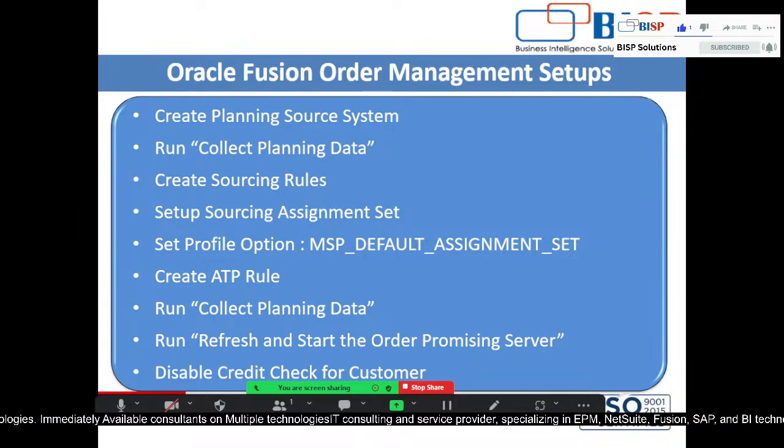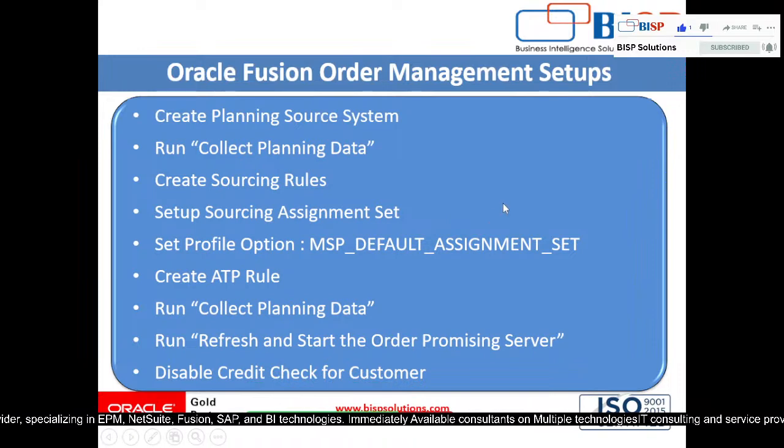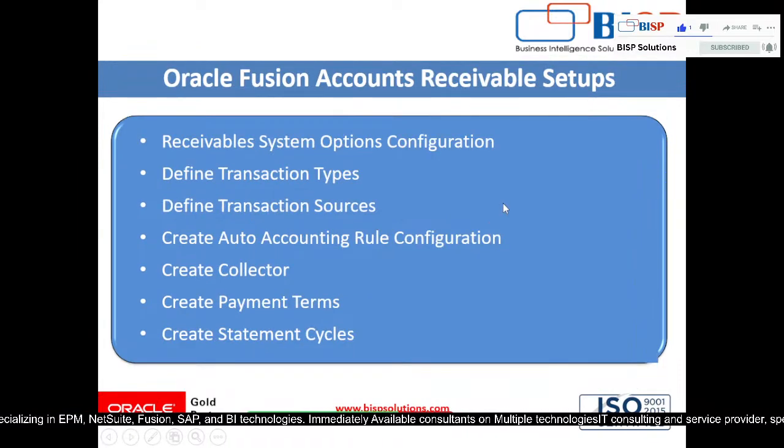In our last session we have already done the collect planning data, and this collect planning data job has succeeded. After that we have to run the refresh and start for order promising server, and at the end disable the credit check for customer. We have already done these setups for the order management. From now we have to perform the account receivable setups.